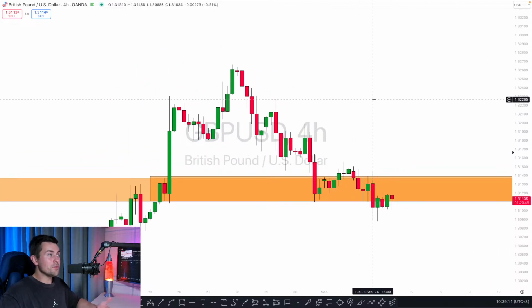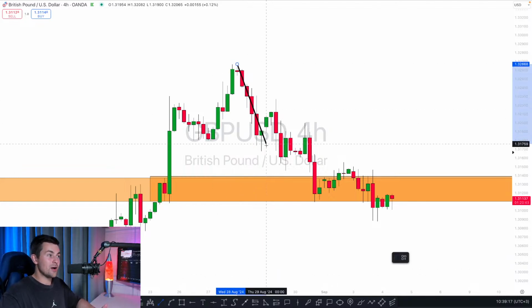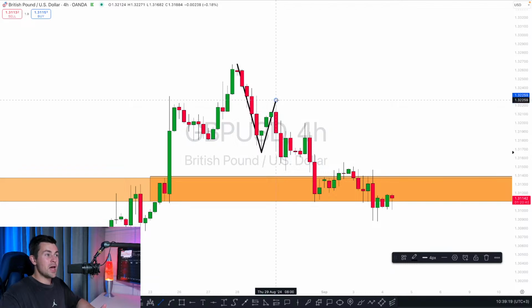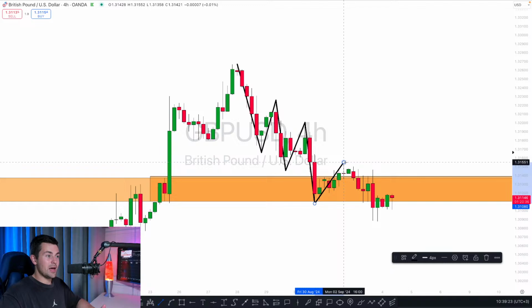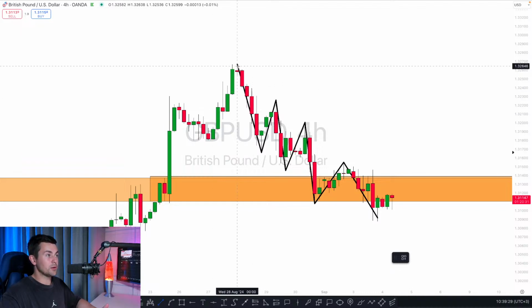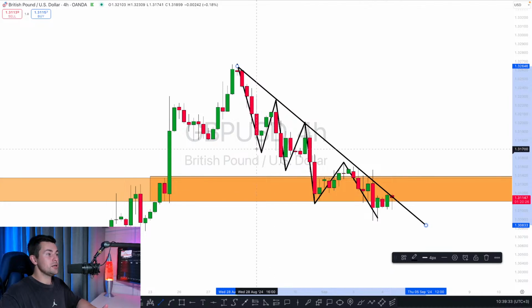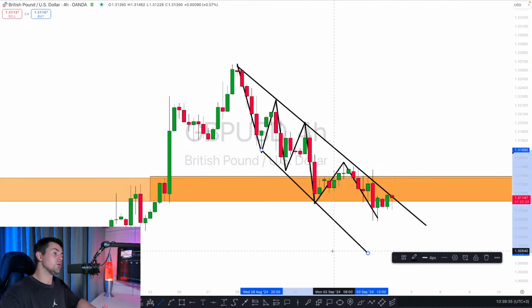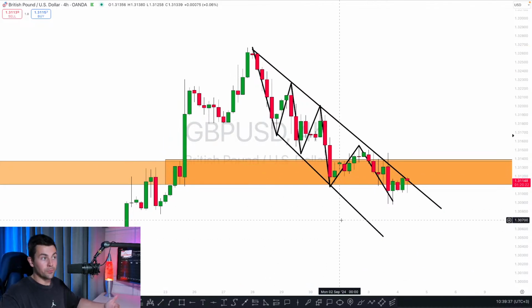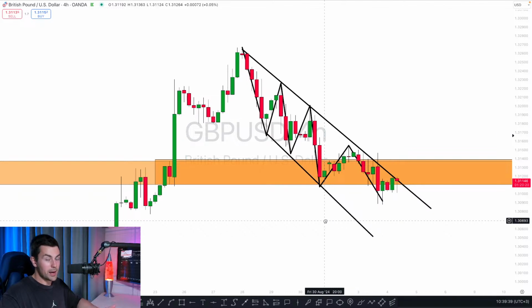Opening a 4-hour time frame, what we can clearly see here is that the market is now bearish. We have a minor bearish trend here, and within this minor bearish trend, we can spot that the market is trading within a very classic bullish flag pattern formation.